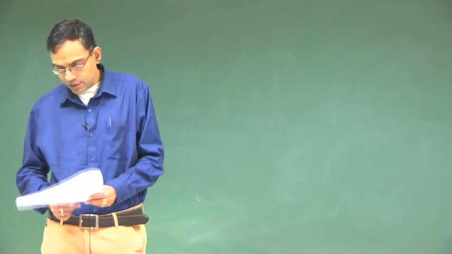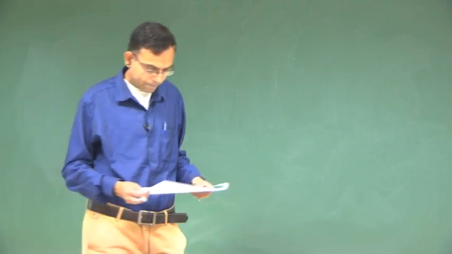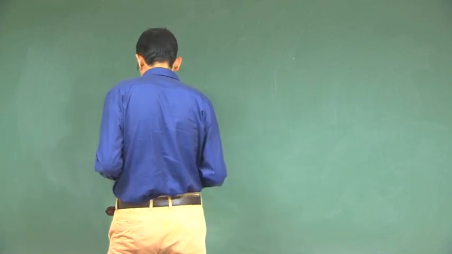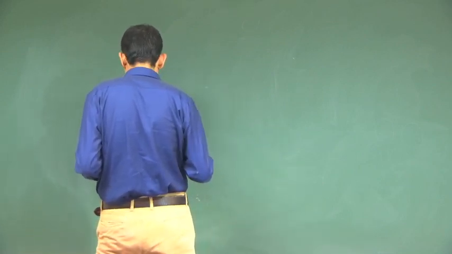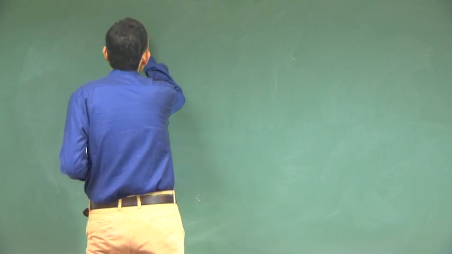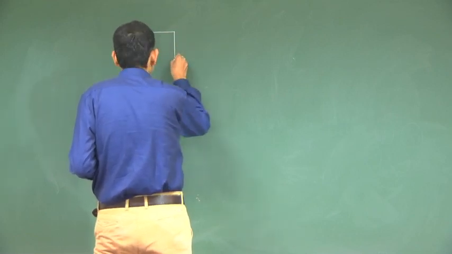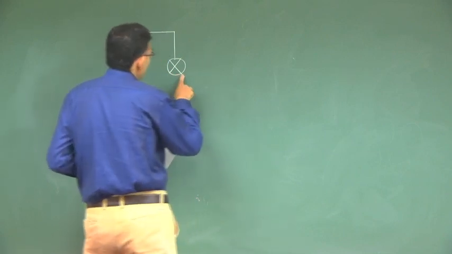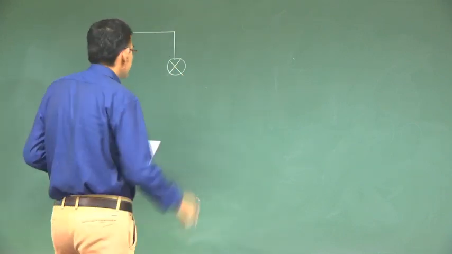So, let us draw the schematic. This is typically the symbol of a throttle valve, this cross.